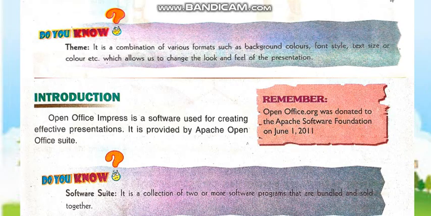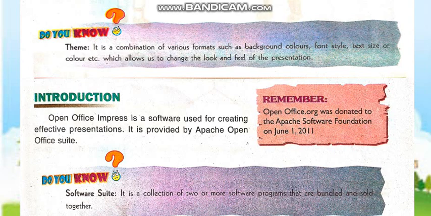So children, as you have noticed, Dobo and his father are talking about Open Office Impress software, and the father is also talking about theme. So let us try to understand what we mean by Open Office software.